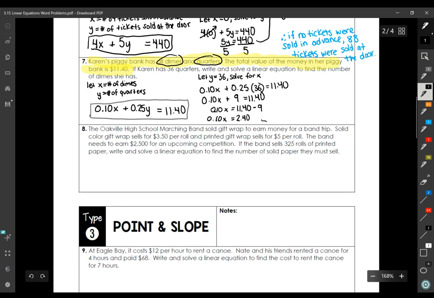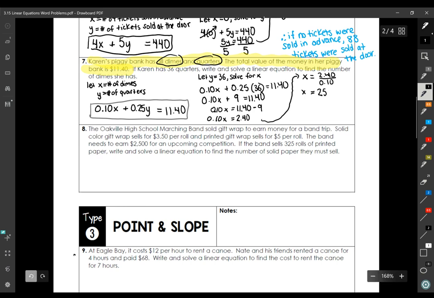Okay, and then we're going to do our last step where we divide both sides by 0.1. So 2.40 divided by 0.1. And that means I have 24, not 25.